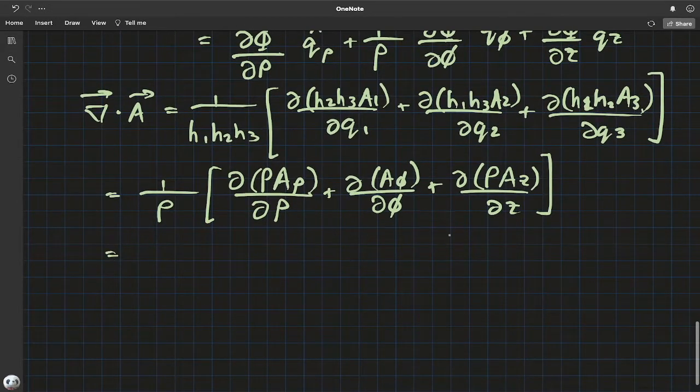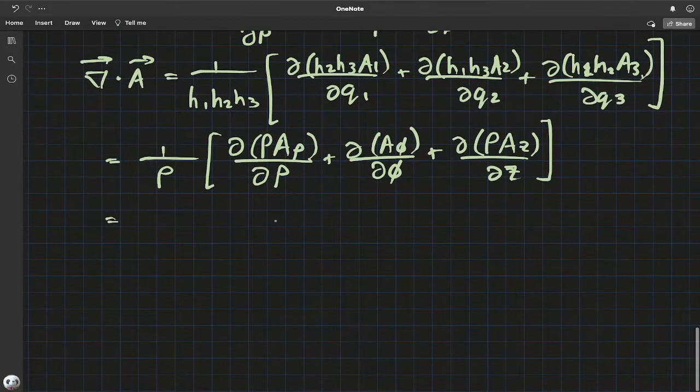Now one thing you can do is pull the rho out of this last derivative term, because we're clearly differentiating with respect to z. You can't do this for the first term because we are differentiating with respect to rho, and there's a rho. You cannot pull the components of A out, because we don't know if they might depend on rho, phi or z.